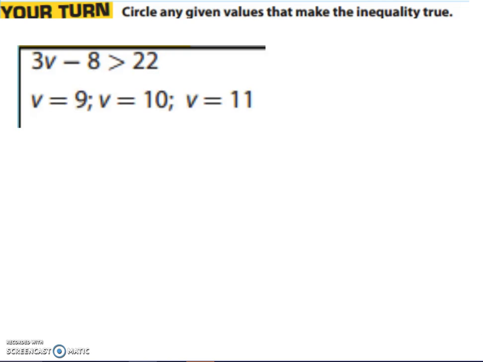So we have 3v minus 8 is greater than 22. There's two ways we can do this. We can do the substitution method like we did on the first one.